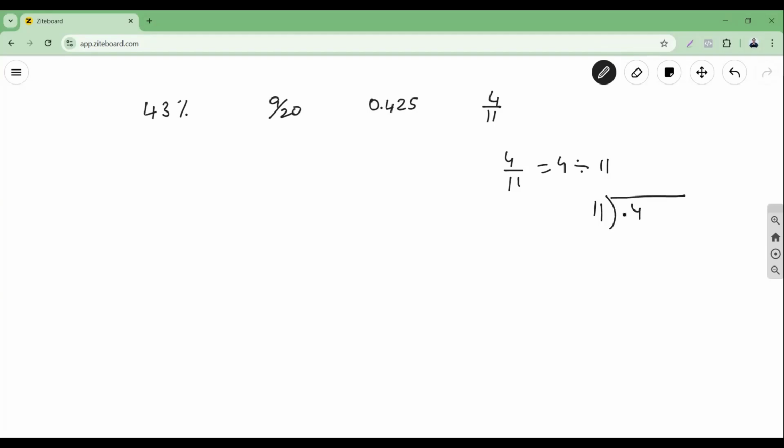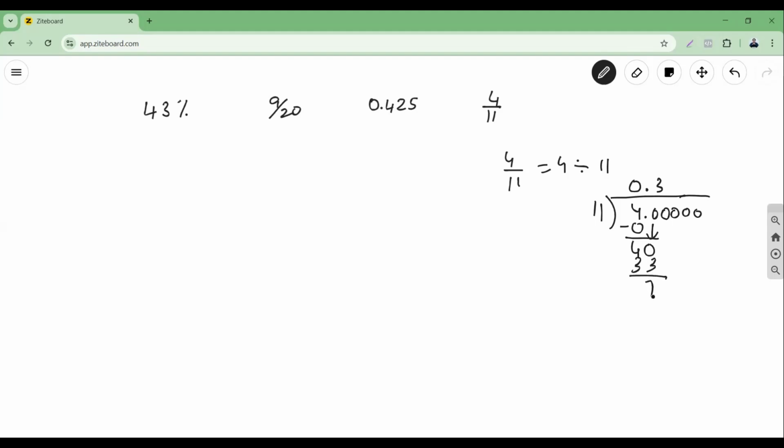So 4 divided by 11. I know that after the 4, there are multiple zeros after the decimal point. This is how we do the long division method. 11 times 0 is 0, so I get a 4. Now I go to the decimal places. I take up this 0, and 11 times 3 is 33.